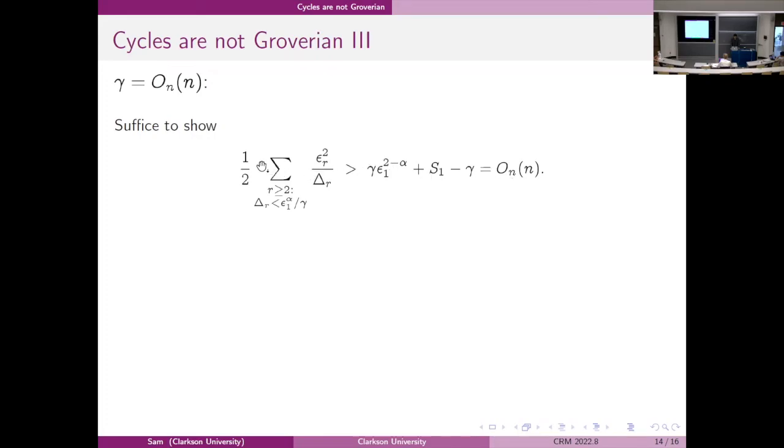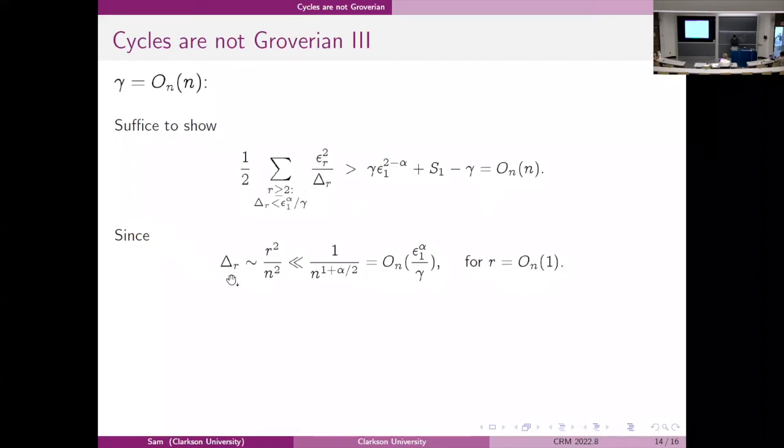Okay, and now we only need to show the left hand side, this ugly summation, is order n. Then we can show this inequality. This can be done by checking delta R equals 1 minus theta R, and when R is small, it's of order R squared over n squared, and this is much less than epsilon 1 to the alpha over gamma.